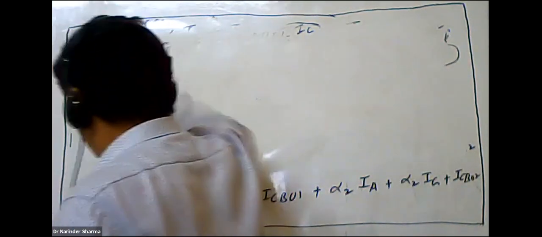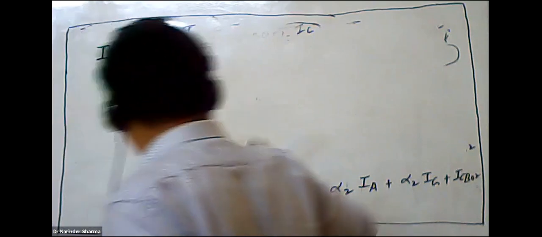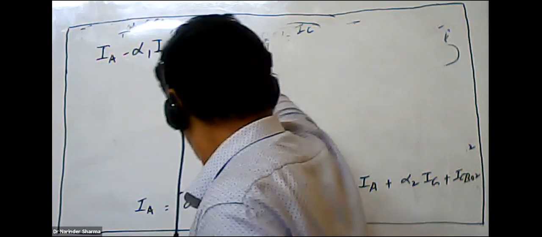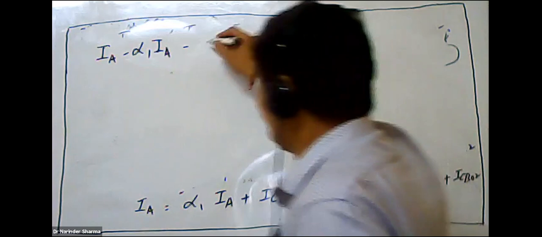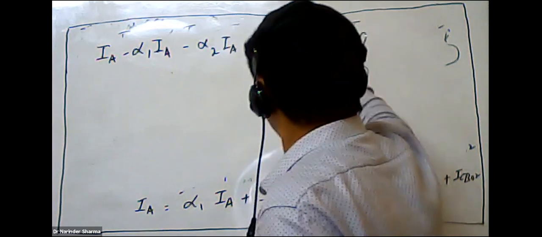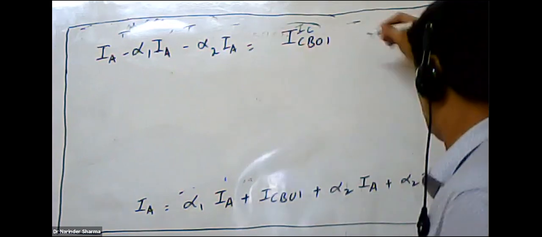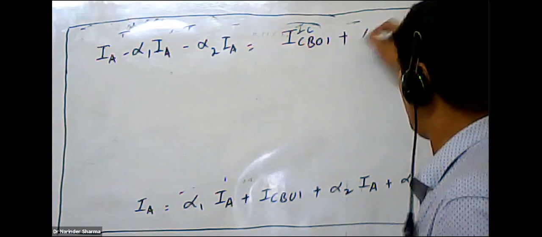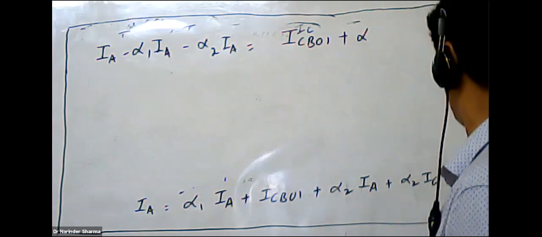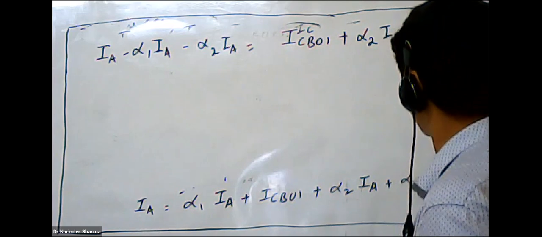Here you will get IA minus alpha 1 IA minus alpha 2 IA equals alpha 2 IG plus ICBO1 plus ICBO2.